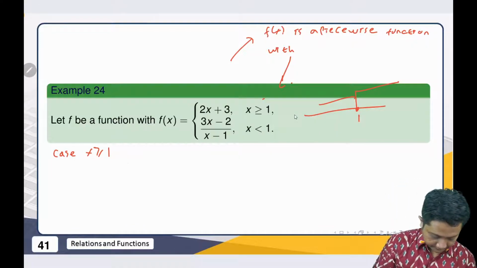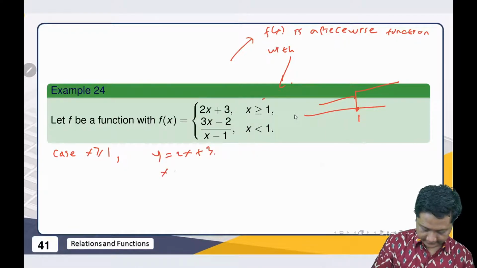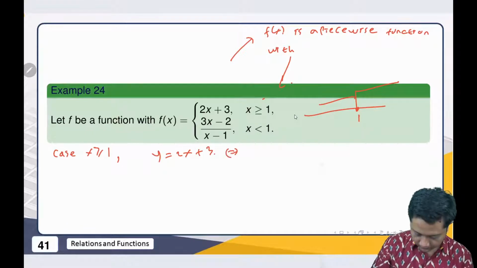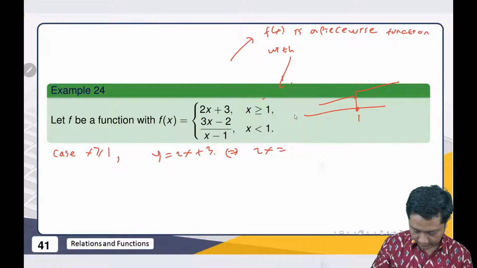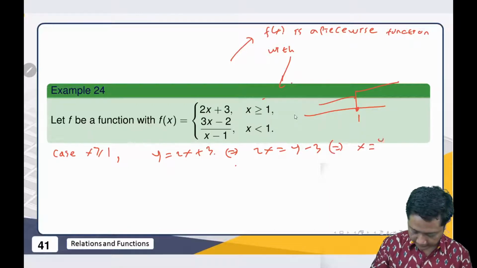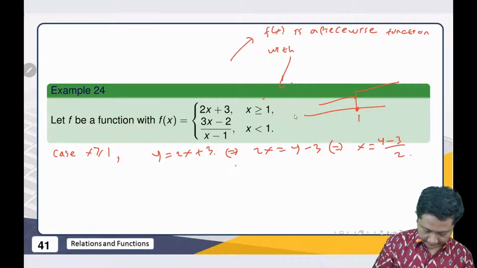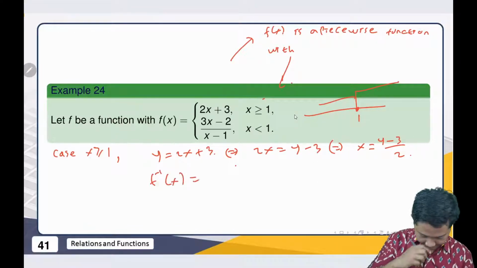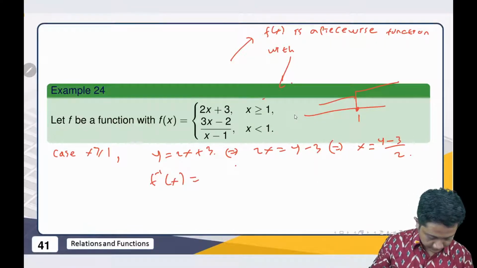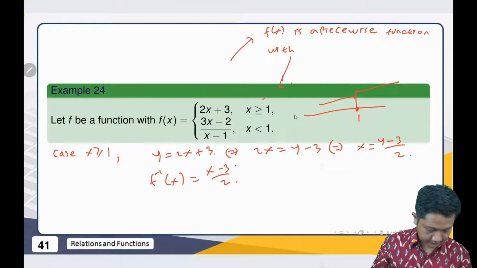So we have y is equal to 2x plus 3, so 2x is equal to y minus 3, and x is equal to (y minus 3) over 2, correct? So we have f inverse x is equal to (x minus 3) over 2.